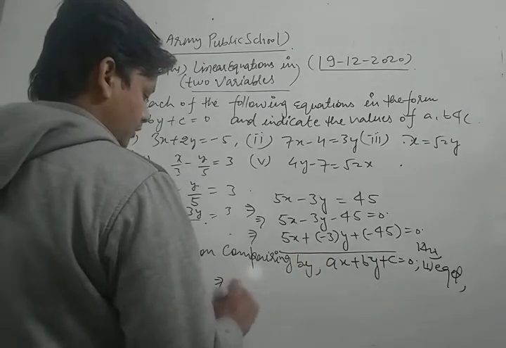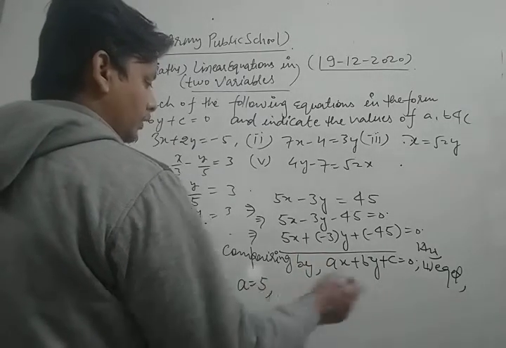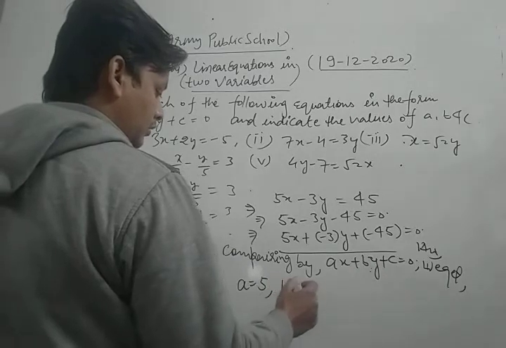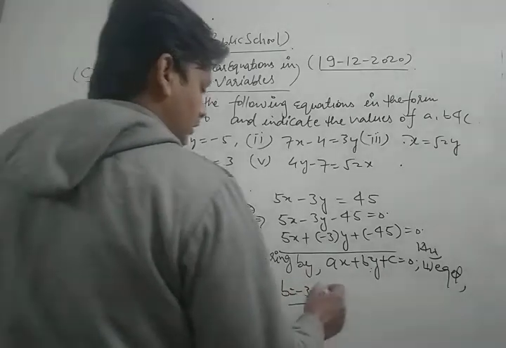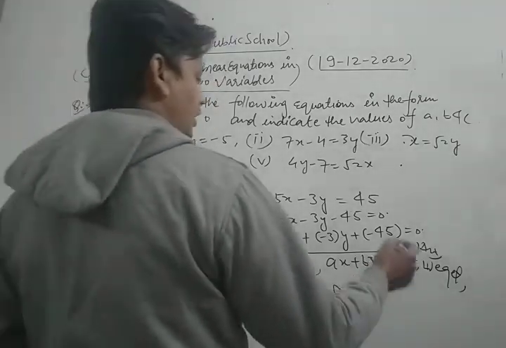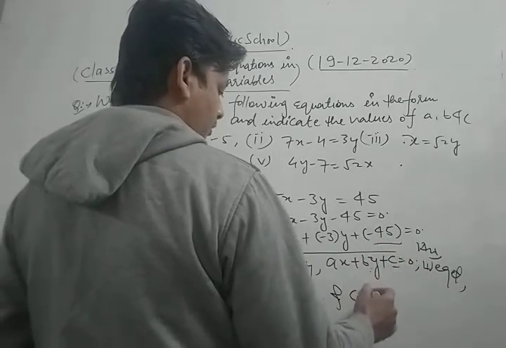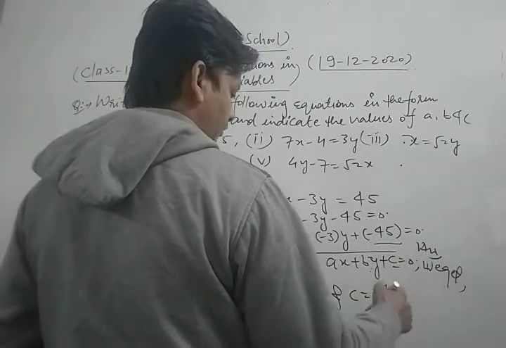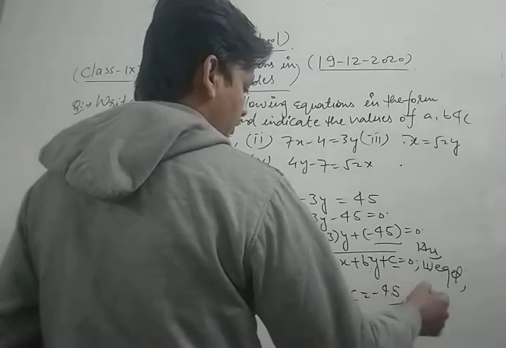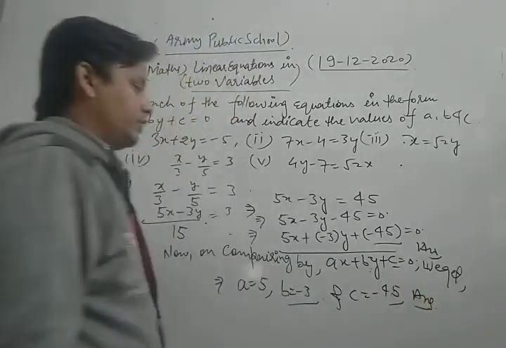Here the value of a is 5. The value of b is minus 3, and the value of c is minus 45. These are the required solution of the given question.